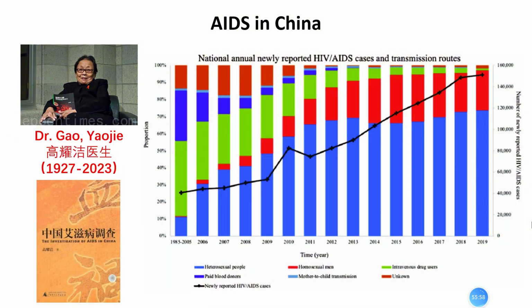After that, she began to investigate HIV infection in Henan province by herself, without any support, without any funding. She just worked on that by herself. She later found out the real problem was due to the paid blood donors in some villages in Henan province.